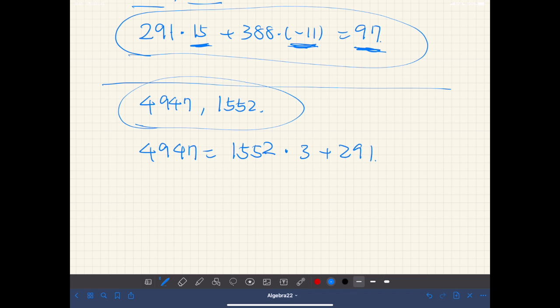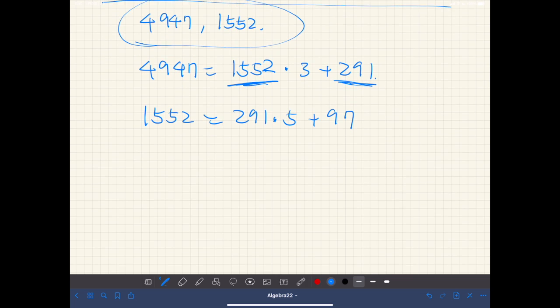Next we divide this number by the remainder and apply again the division algorithm. 1552 is equal to 291 times 5 plus 97.